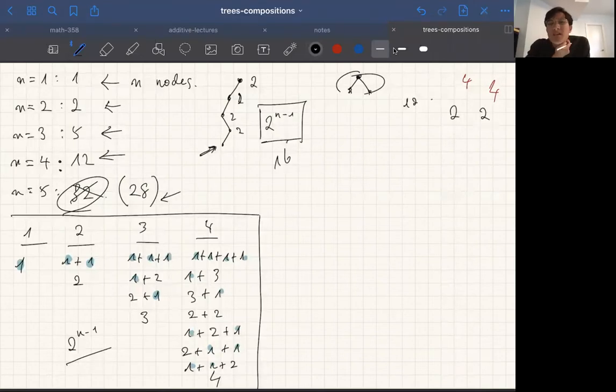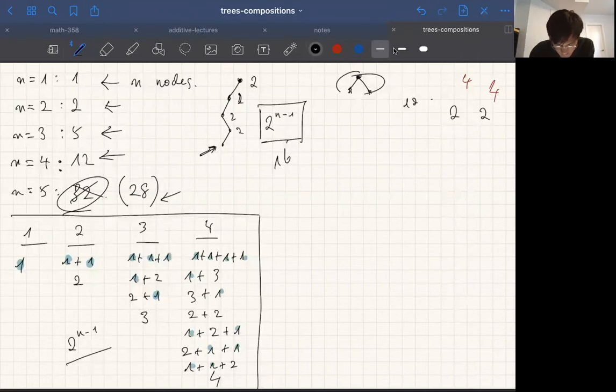Is there a way of making that a rule, though? You know what?